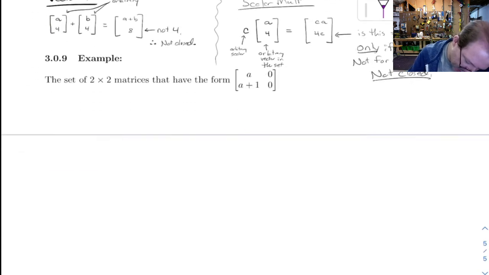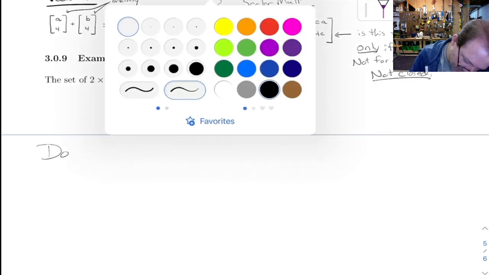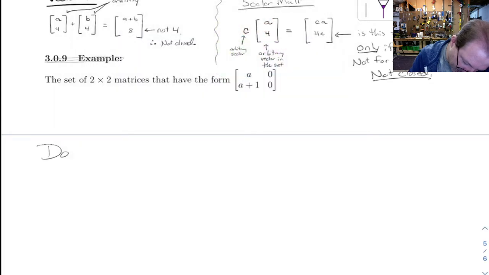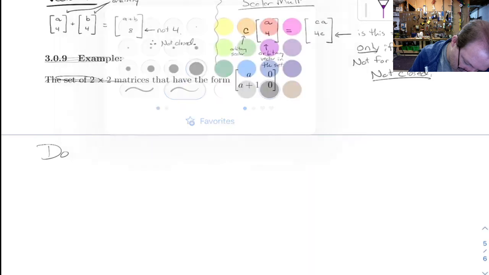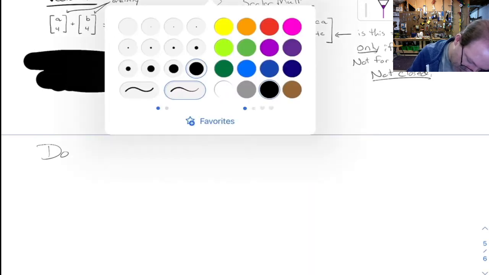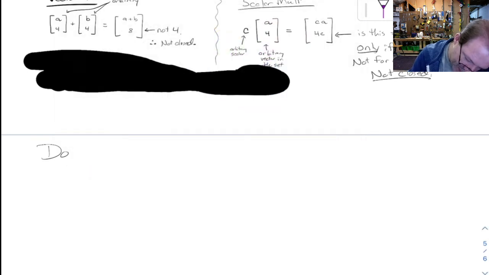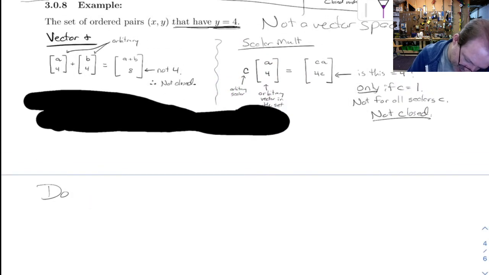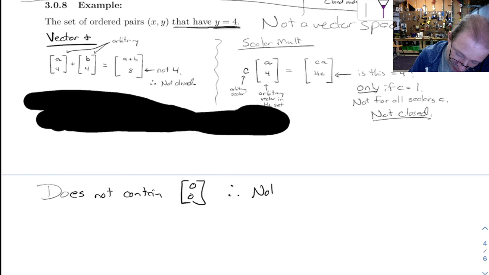So we could also say it does not contain the 0 vector. That's enough right there to tell you it's not a vector space.